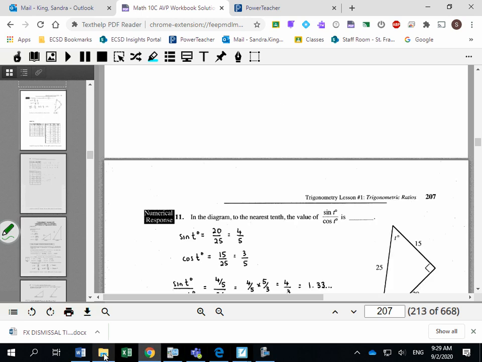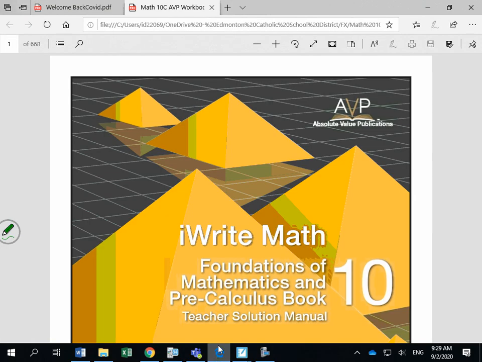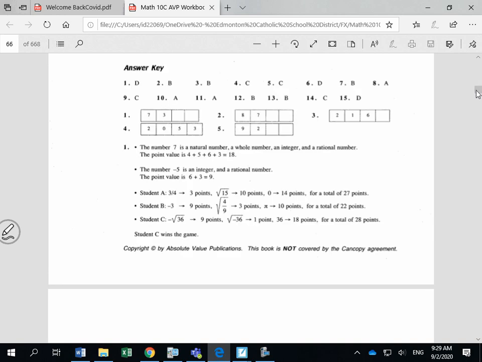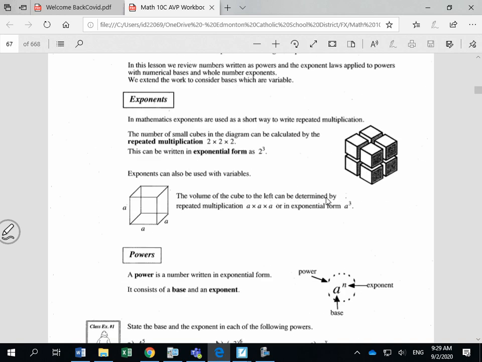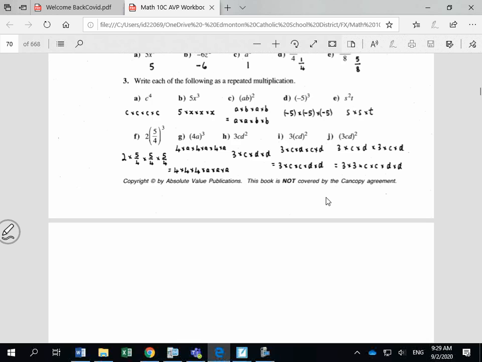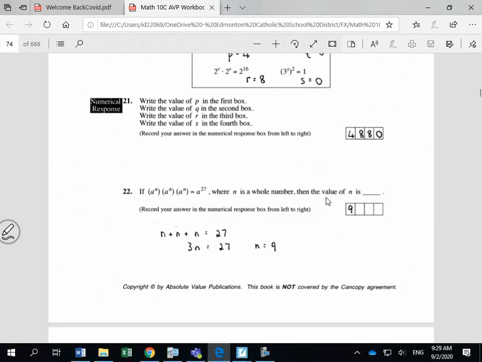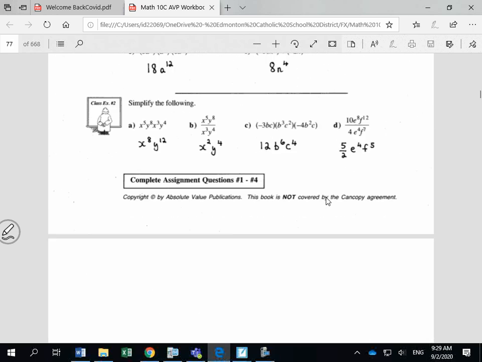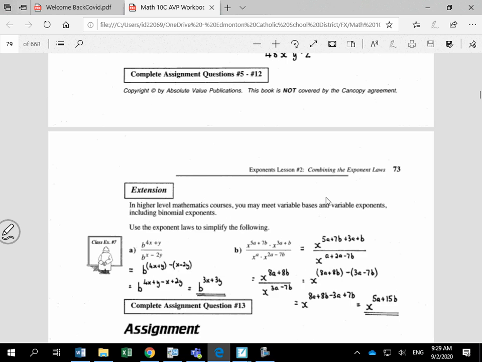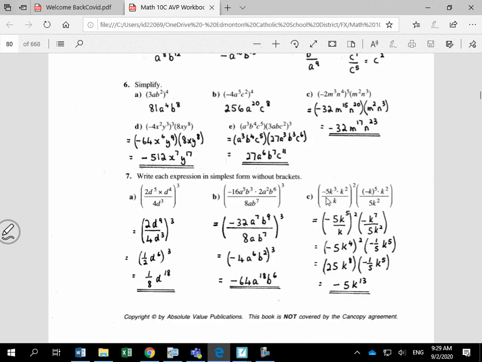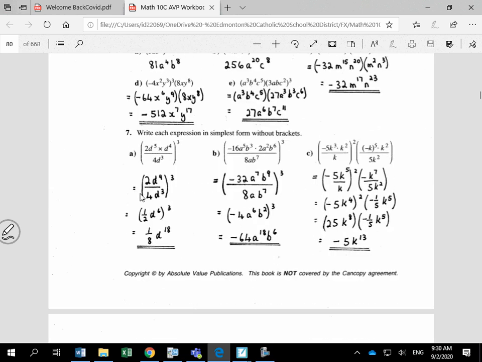okay, I'll go to my other document because I'll probably be able to get there faster. So here, there's exponents lesson 1. I'm just going to go to exponents lesson 2. Okay, so when you're doing the homework, especially when you get to number 7, I would have these solutions in front of you just so you could see what they've done, right?